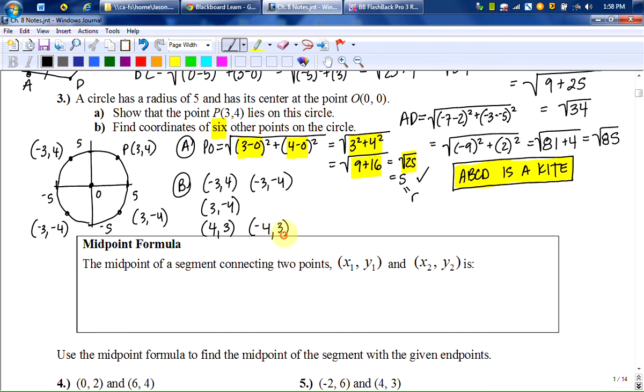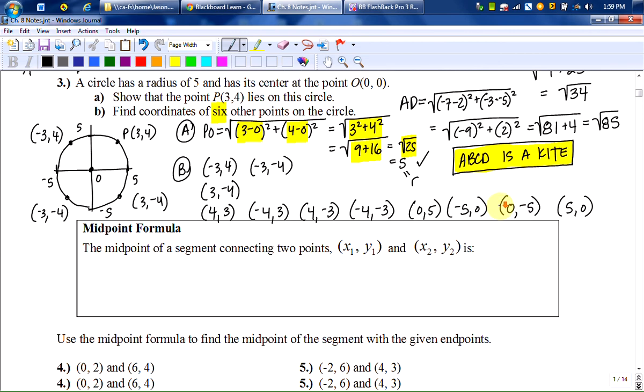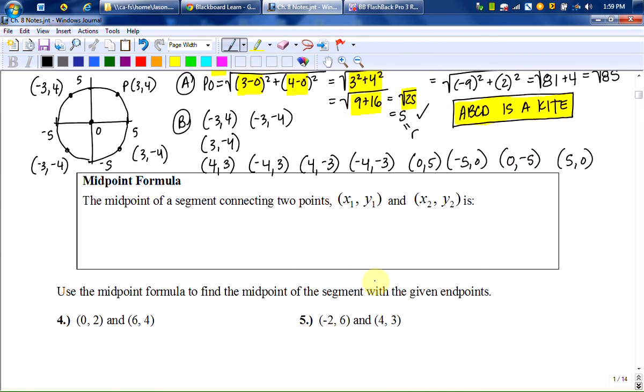And I'll do the same thing that I did before, change the signs and come up with all these other options. And I could also include the easy to identify points which are out on the axes, like so. And I think we've got a good start, more than 6 points. Let's go to the midpoint formula next.